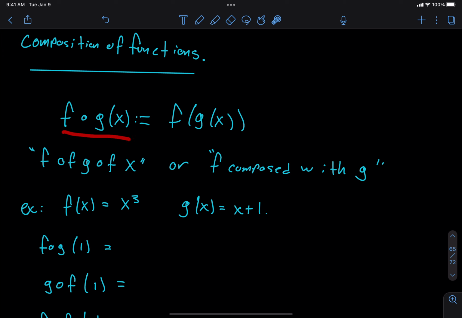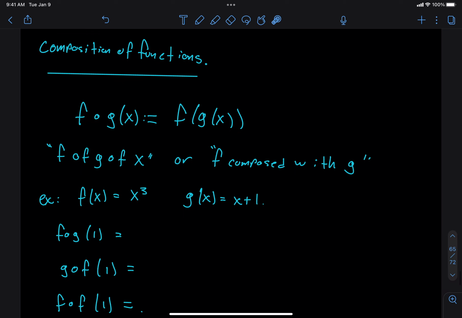And that means composed with. So the way you would read this is f composed with g of x. Or if you want to write it like this, then you could read it as f of g of x. That's also fine. So that's the terminology that I'm going to use.